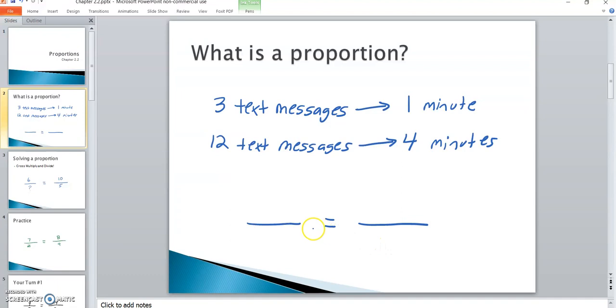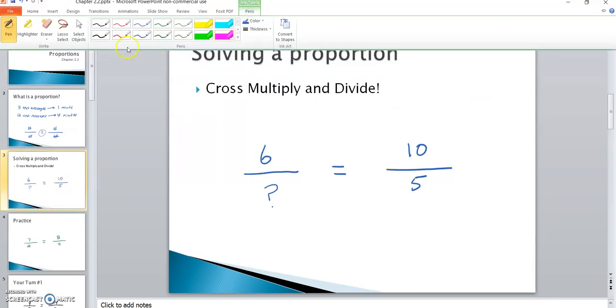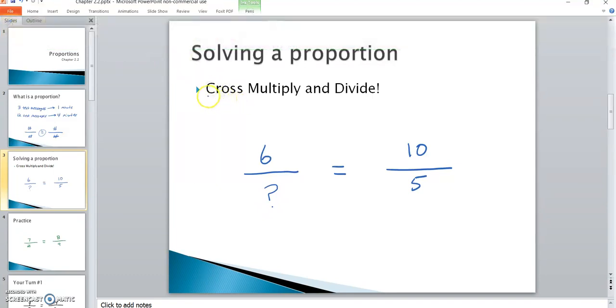Okay? So on the next few slides, what you're going to see is a fraction where there's a number up here and down there, and a number up here and a number down there. And of course an equal sign right in between. Now, in order to solve these the easiest way possible, I'm going to teach you a strategy that's called cross multiply and divide.